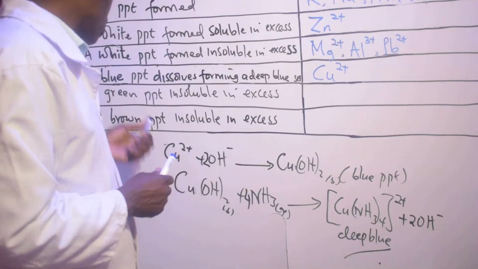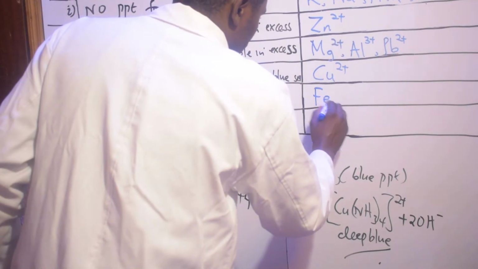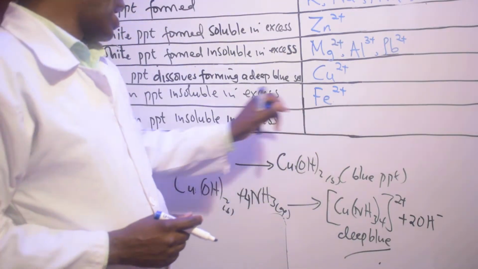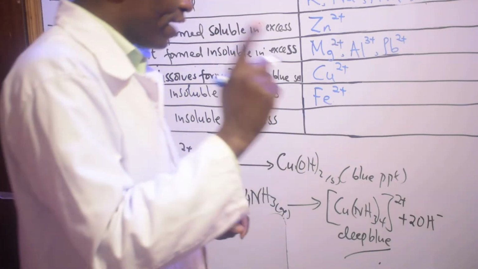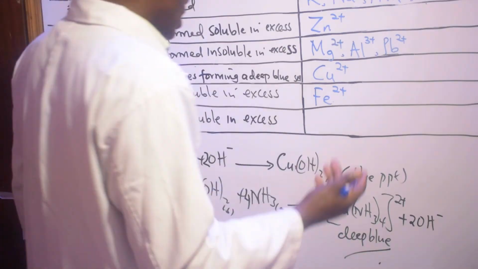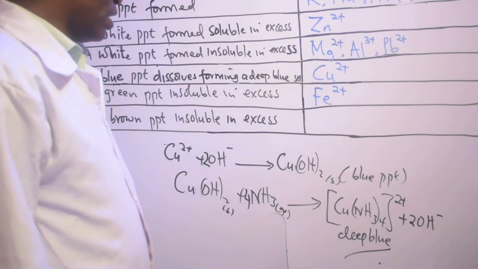Now I take you to the green precipitate. That one is iron 2 ions. Why does this happen? The iron 2 hydroxide is actually green, and it does not form a complex ion with excess ammonia, therefore it will not dissolve in excess. Then a brown precipitate, insoluble in excess.